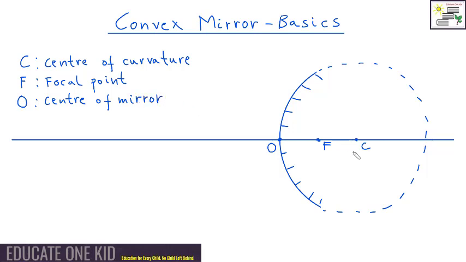Now if C is the center of the circle or sphere, then of course the distance from the circumference to that center, well, that's just the radius. So this is R, capital R, the radius.